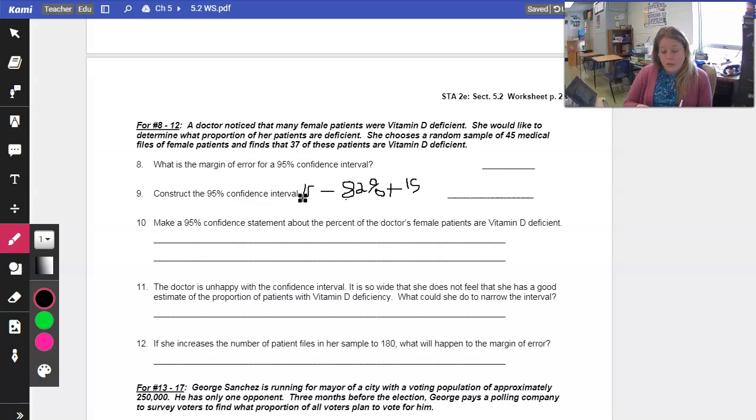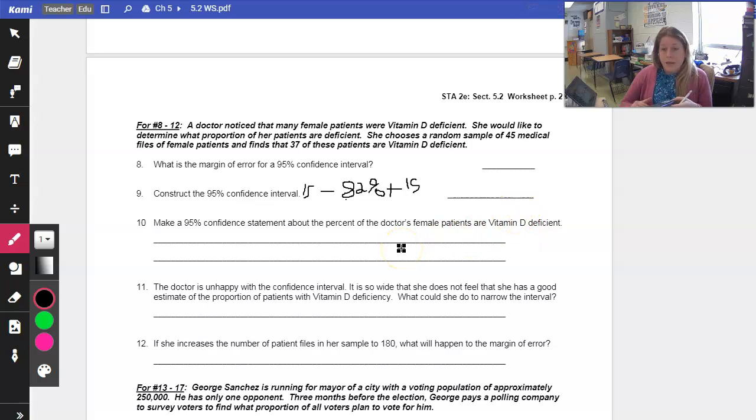So our confidence interval will be 67 to 97. Down 15, up 15. 67 to 97. And then the confidence statement.